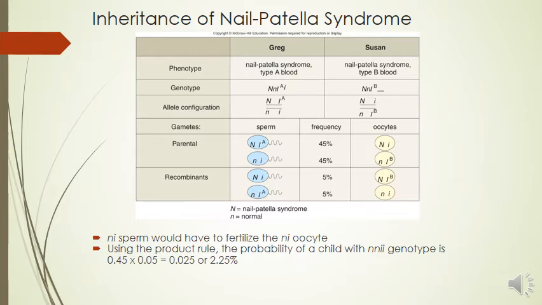Okay, this slide is showing you the inheritance of the Nail-Patella syndrome. So we now looked over what were the genotypes of Greg and Susan, and we looked at their parents. And we're going to look at a question that Greg and Susan have asked the genetic counselor. They have asked the genetic counselor, what is the possibility, what's the chance that their child inherits normal nails and knees and type O blood?